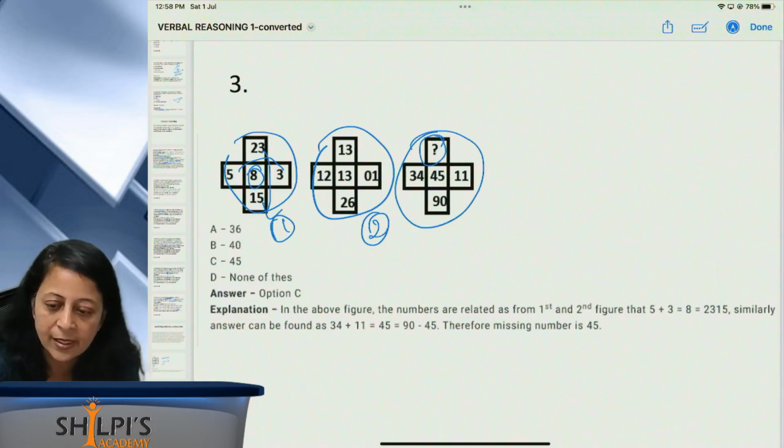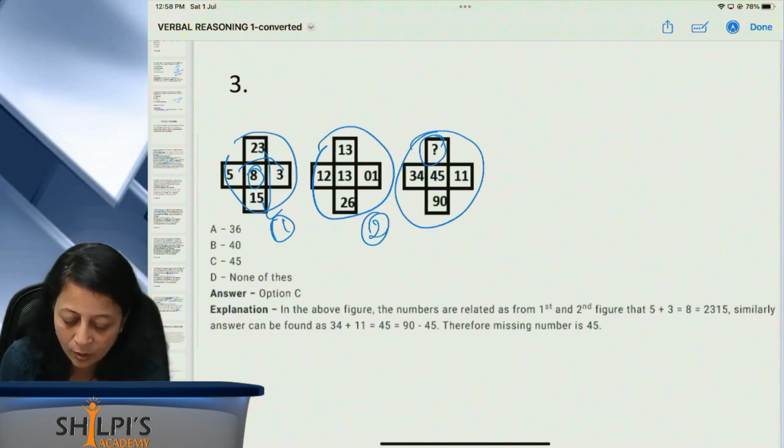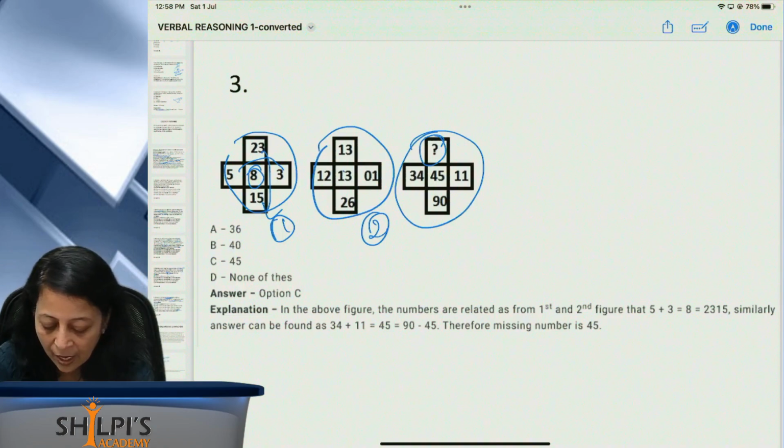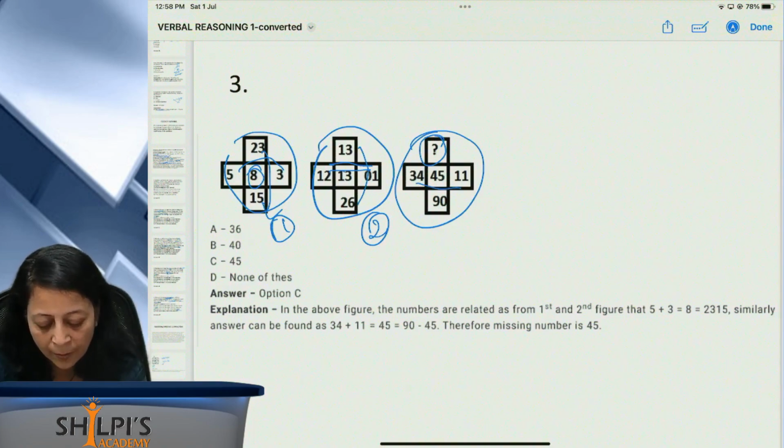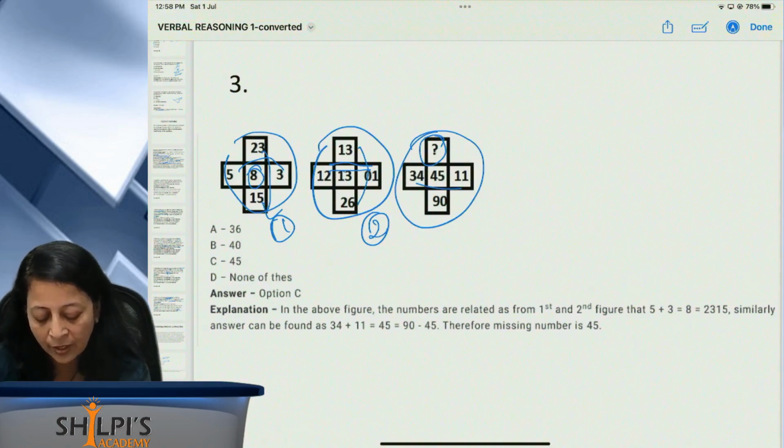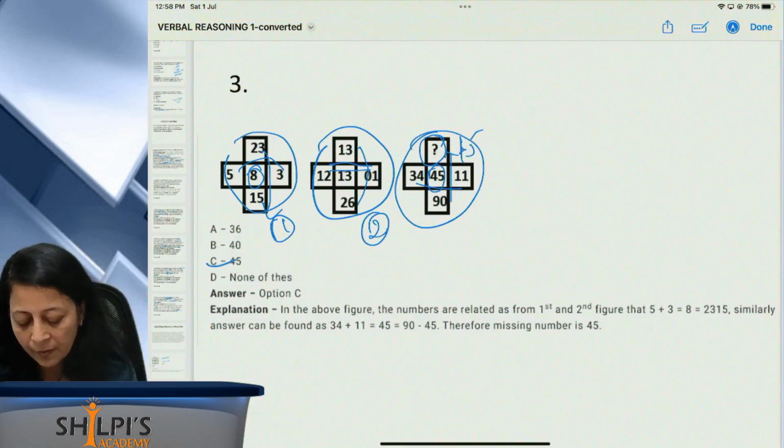Let us see whether the same logic gets applied here also. 12 plus 1 is 13, then 26 minus 13 you get 13. So 34 plus 11 is 45. When you have to get the answer 45, something has to be minus. What is the number? If you minus 90 out of 45, you get 45. So the option will be C.